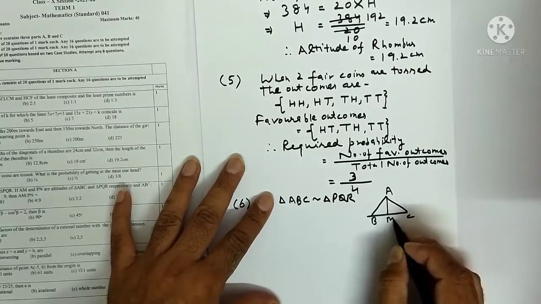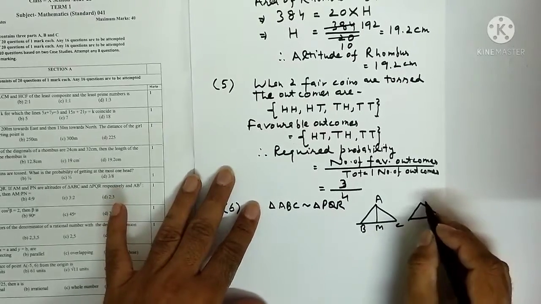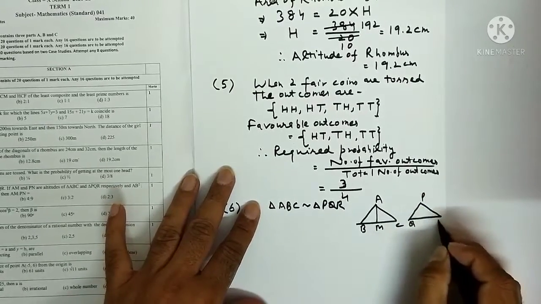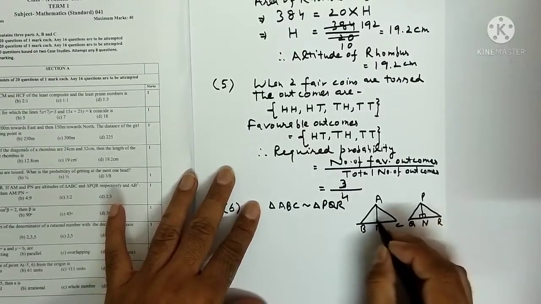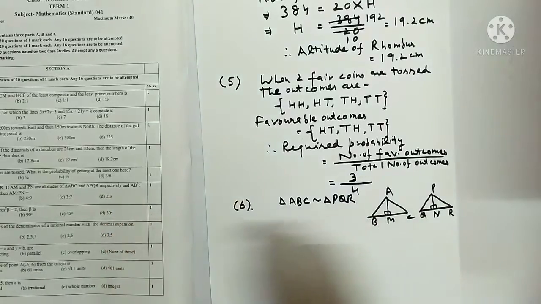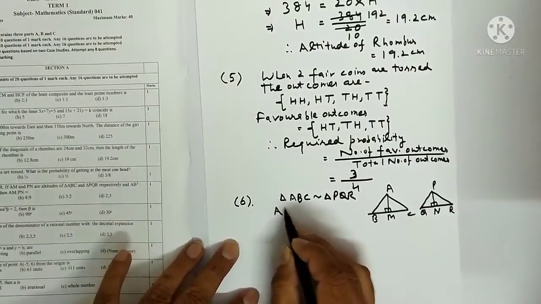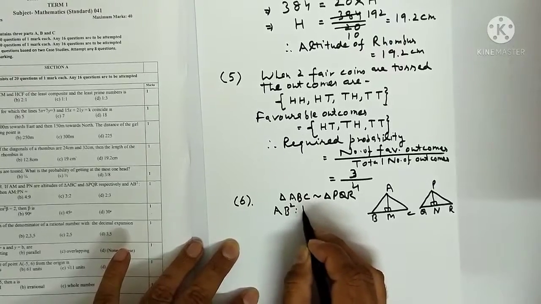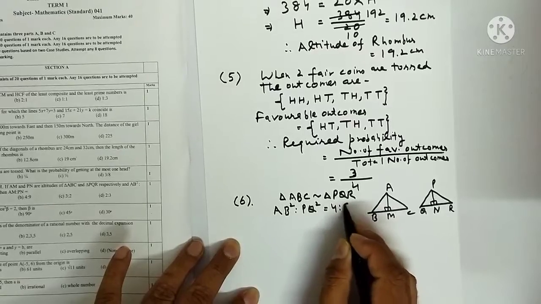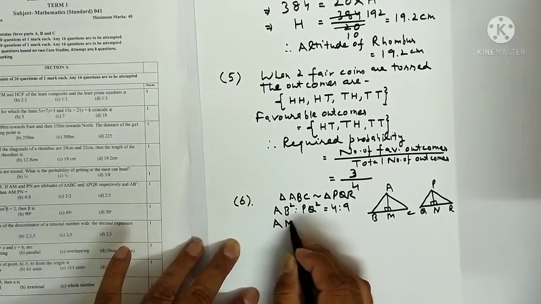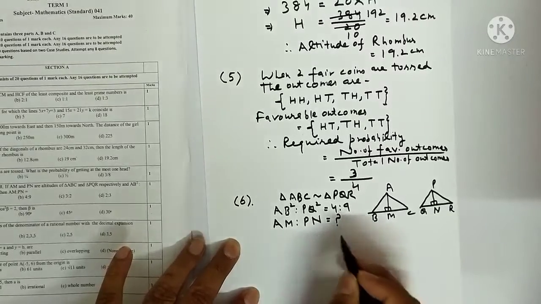This is AM, the altitude of triangle ABC, and the name of the other triangle is PQR, and here the altitude is PN. Altitude means perpendicular. So AB square ratio PQ square is given 4:9. So he is asking here what is the ratio of AM and PN.